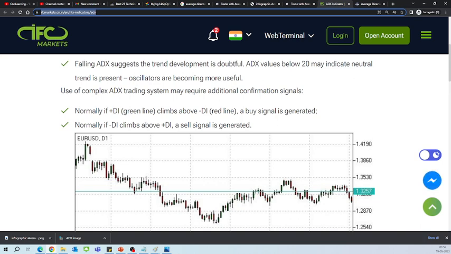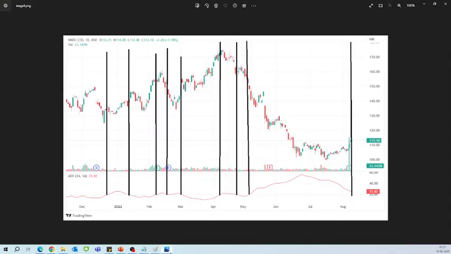As we mentioned, for any graph related to ADX, we don't have one line, we have three lines there.